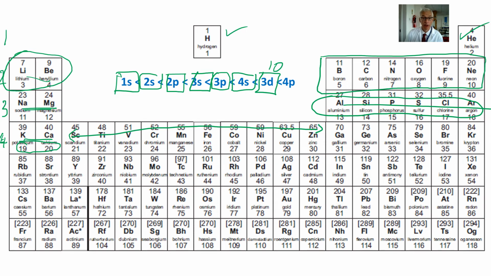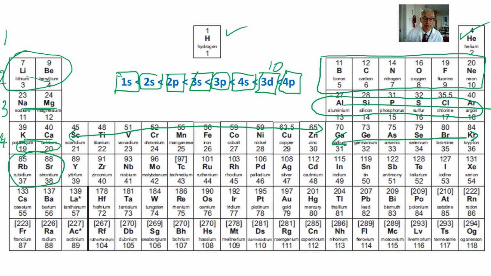Then, after we've filled 3d with 10 electrons, after we've put in 10 elements after calcium, then we're into a set of 6. We're back into 4p. So guess what comes after 4p? 5s.